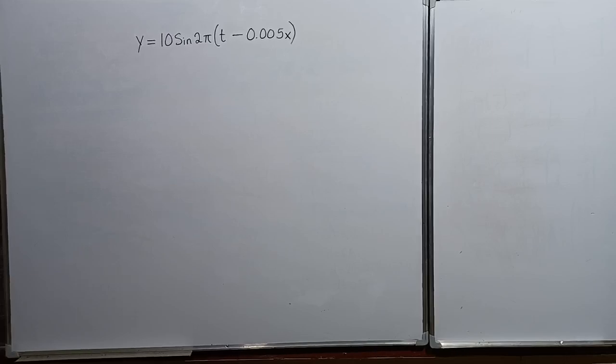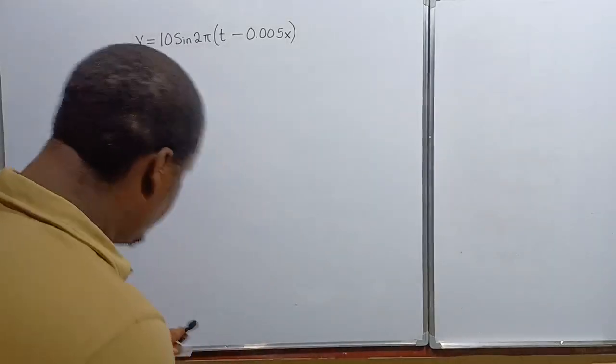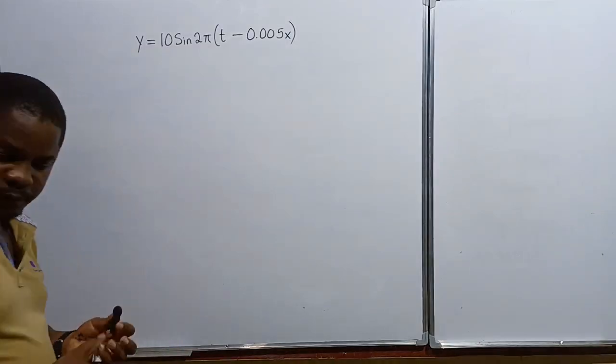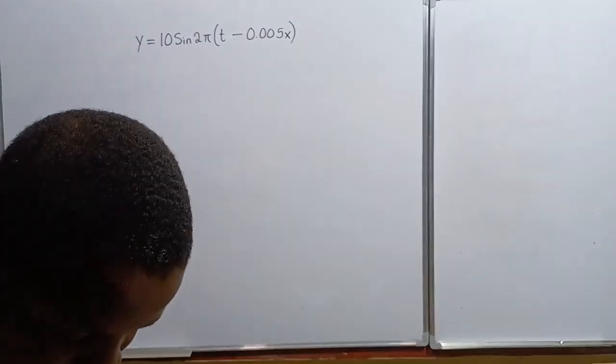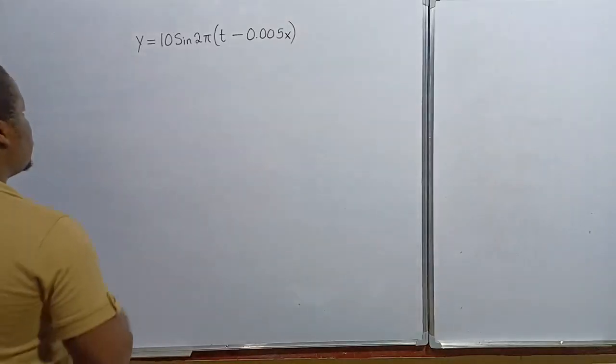So to start with, this is what we need to know. The general wave will be given by the following formula, different from the previous one. For this one, we're saying y.